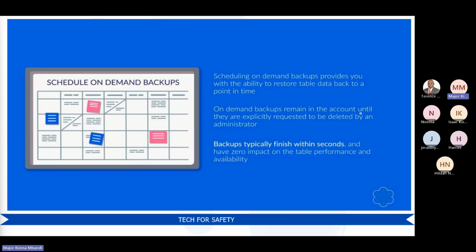On-demand backups remain in the account until they are explicitly requested to be deleted. That's one of the distinctions between on-demand backups and backups scheduled by an administrator. Backups typically finish within seconds, so very fast, and have zero impact on table performance and availability. Scheduled backups can always be restored to a point in time, and for deletion, they stay there until the administrator schedules deletion.